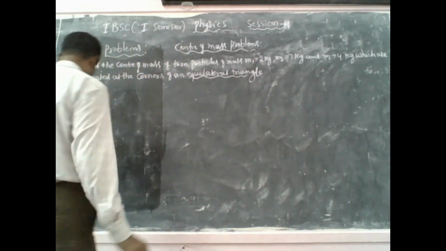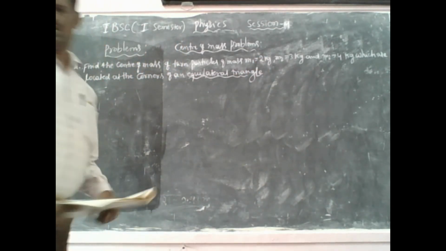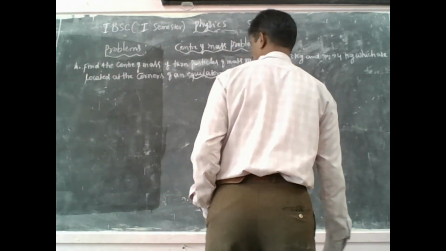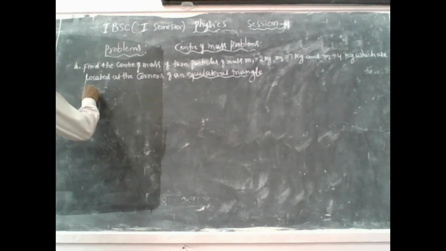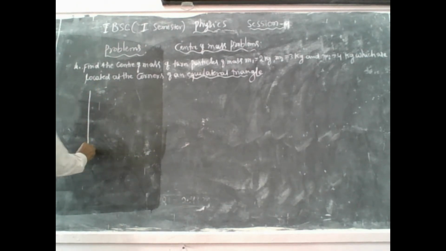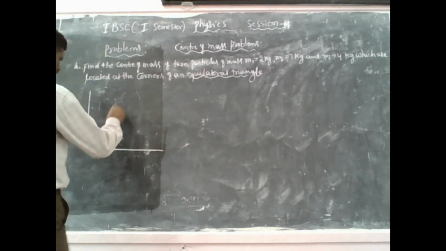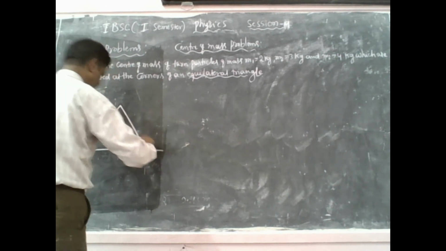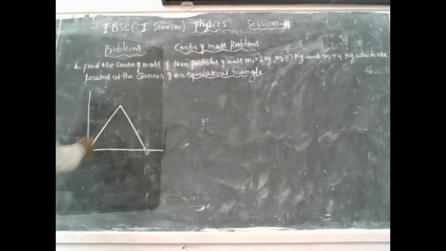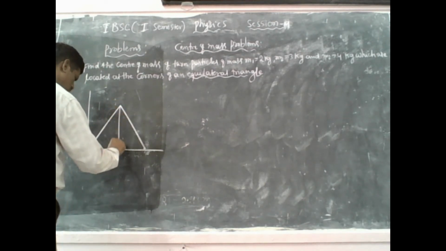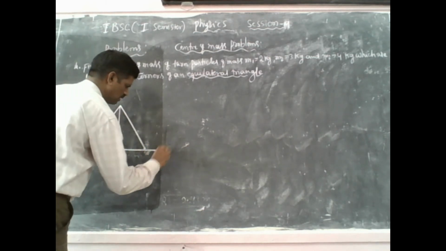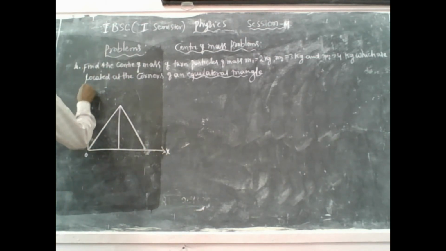So here we have to construct the equilateral triangle, isn't it? So here there is an equilateral triangle. In an equilateral triangle, all sides are equal. So therefore, this is the origin, this is the x-axis, and this is the y-axis, isn't it?